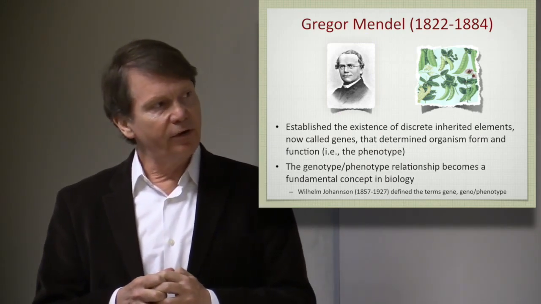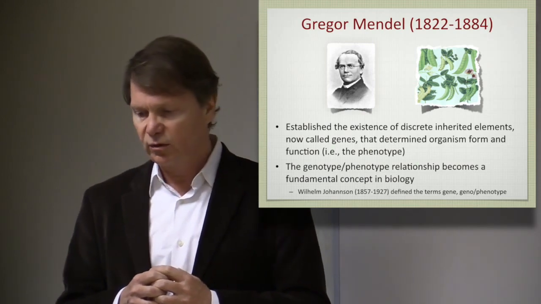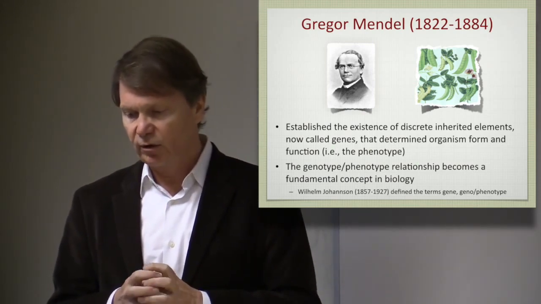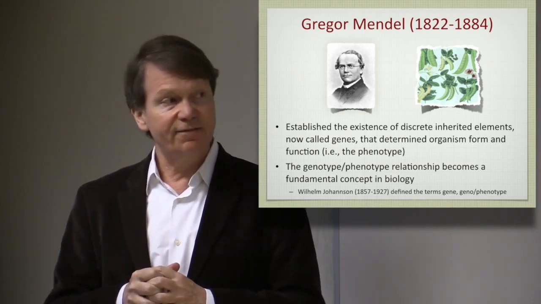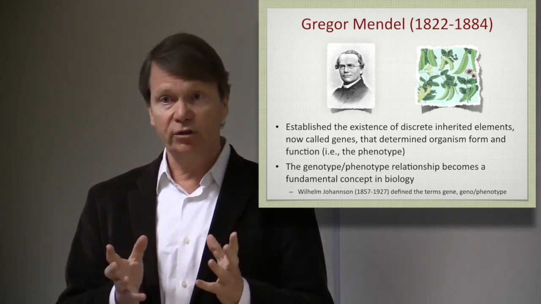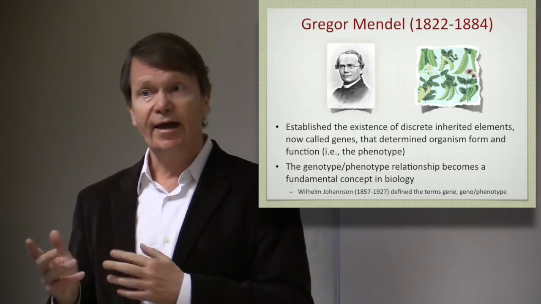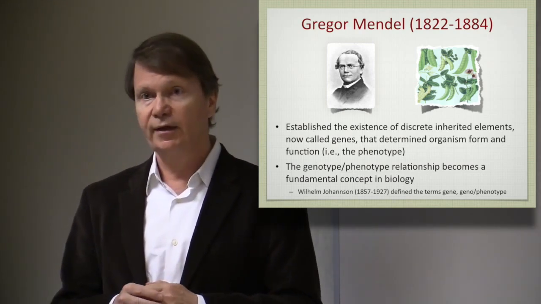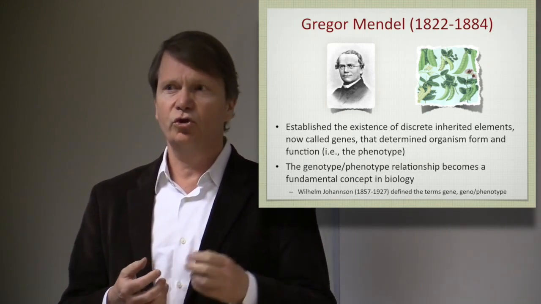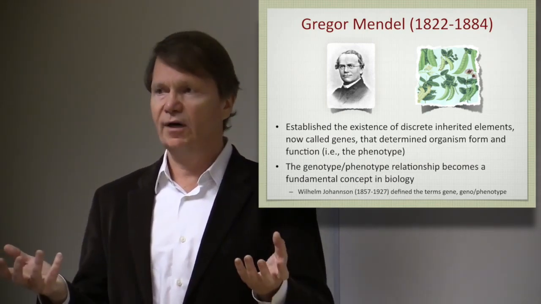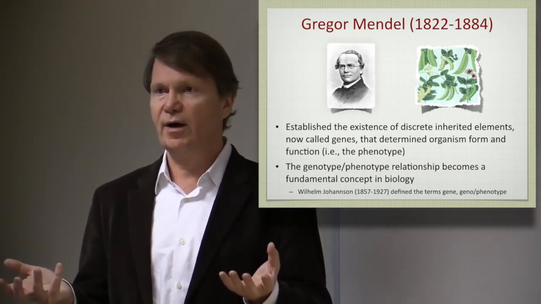A little later, this became more formalized through the work of a Danish gentleman called Wilhelm Johannsen, who defined the term gene, talked about the genotype, a certain set of genes, and the phenotypes that result from that. And this led to the formalization of the notion of a genotype-phenotype relationship that is so fundamental to biology.